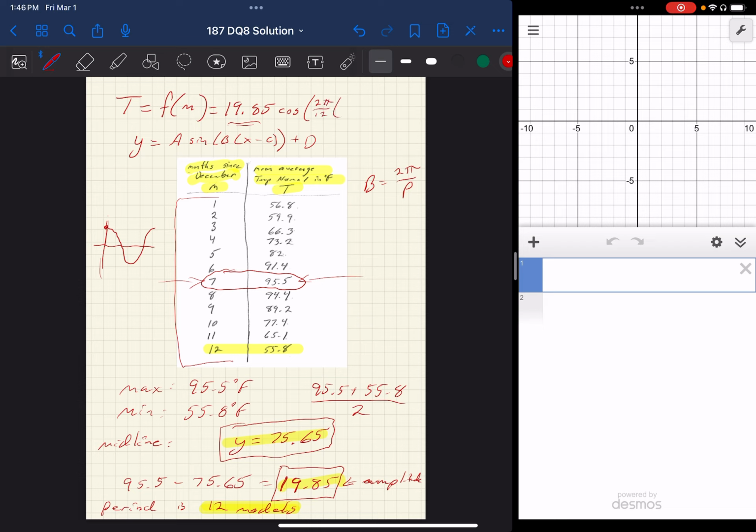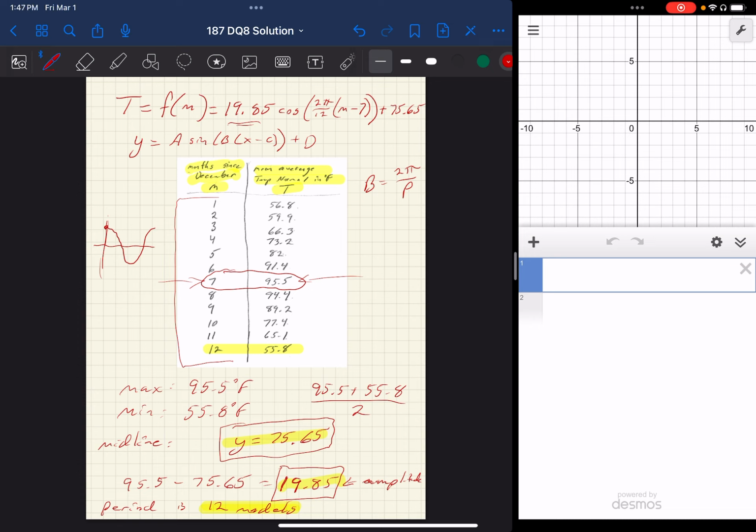You can simplify that if you want. You could just leave it 2 pi over 12. X, my input here is M. So M minus, and the C value is how far I have to shift. I'm shifting 7 units to the right. So M minus 7. And then plus the midline, which is 75.65.